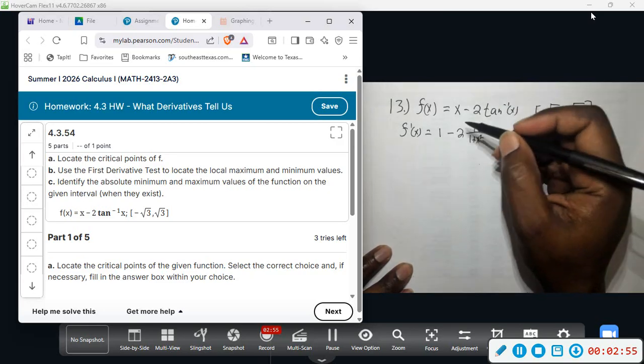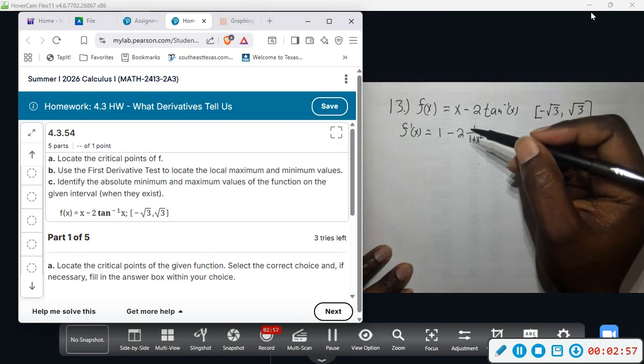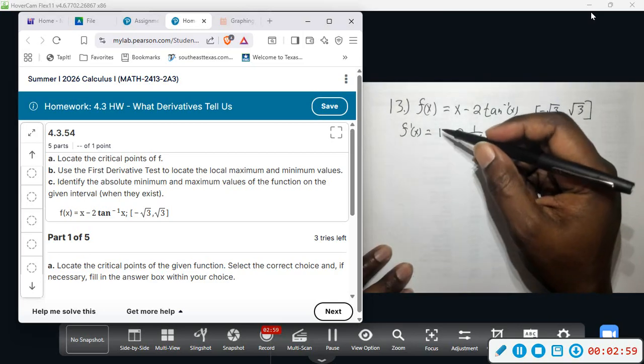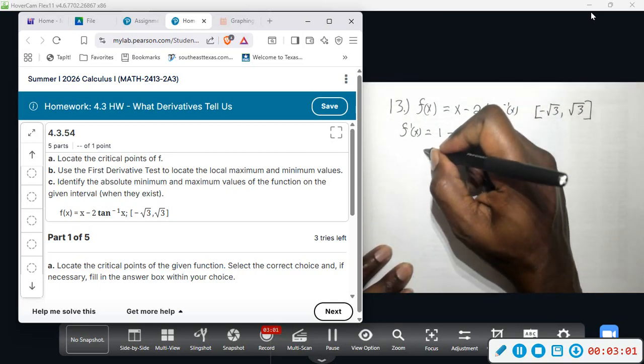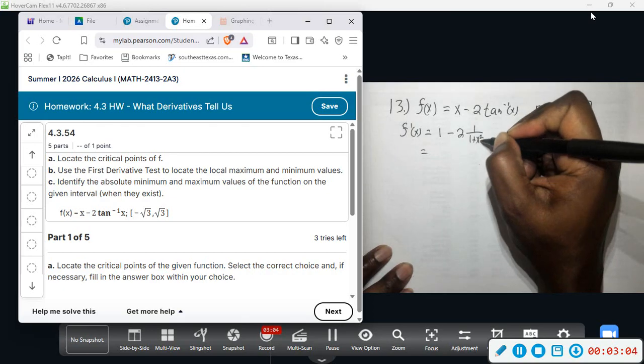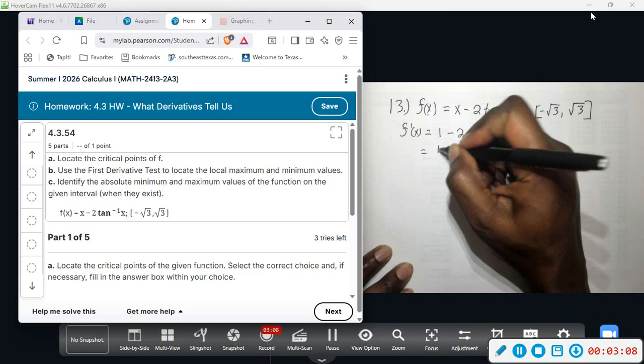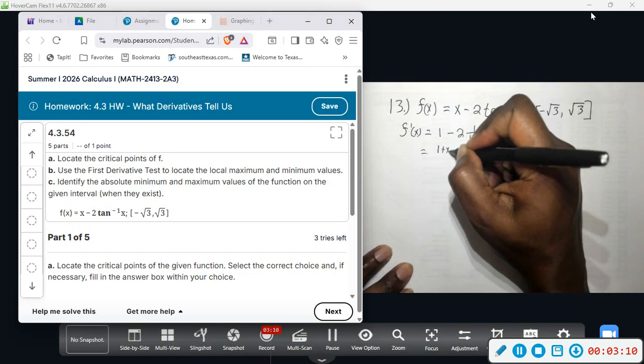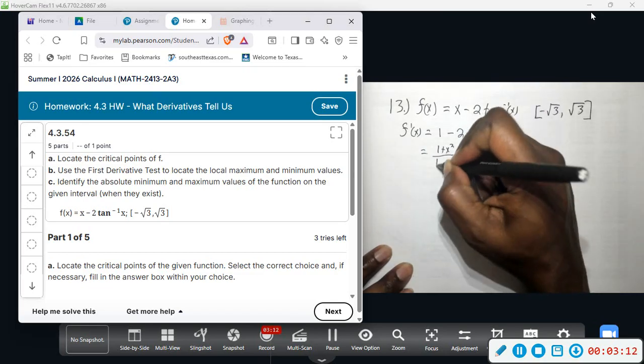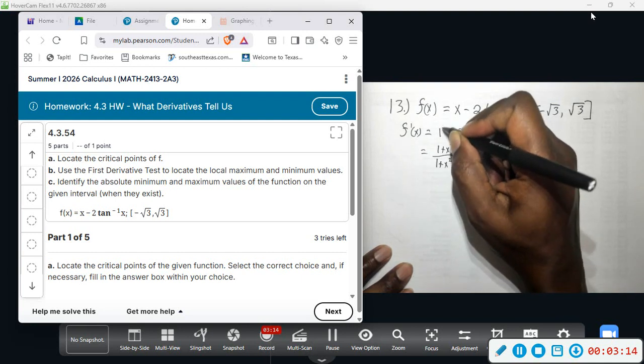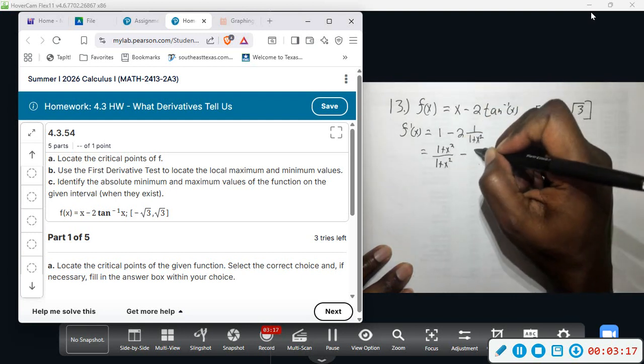And then we could simplify. We would need a common denominator. So we would just multiply 1 over x, 1 plus x squared, top and bottom. That's for the 1. This would be minus 2.